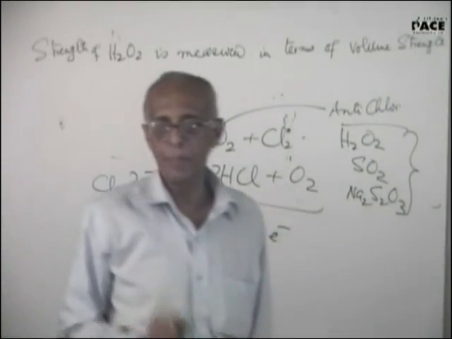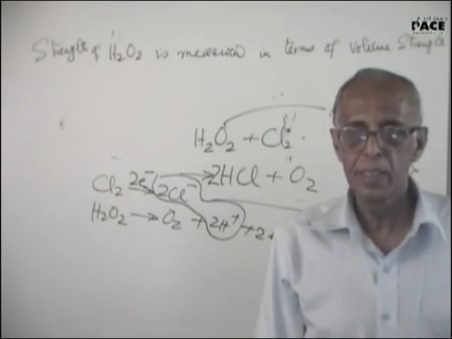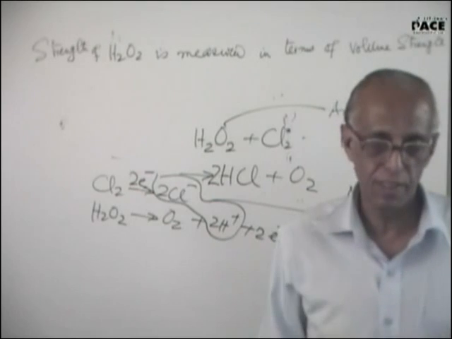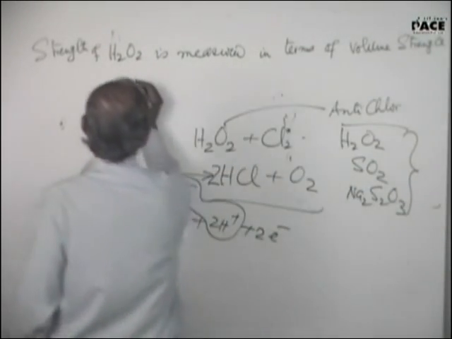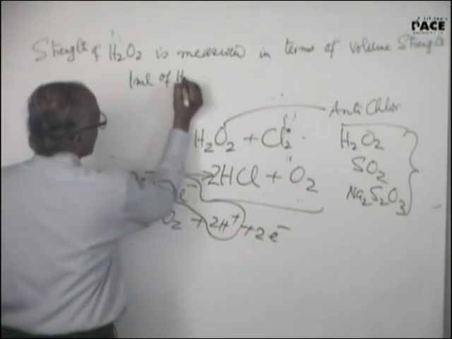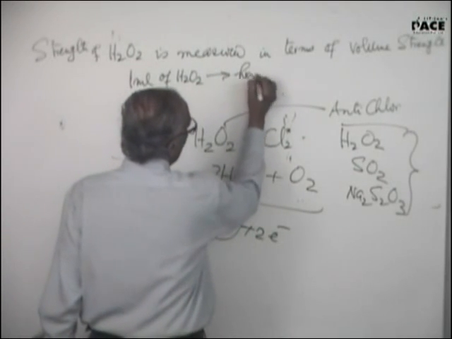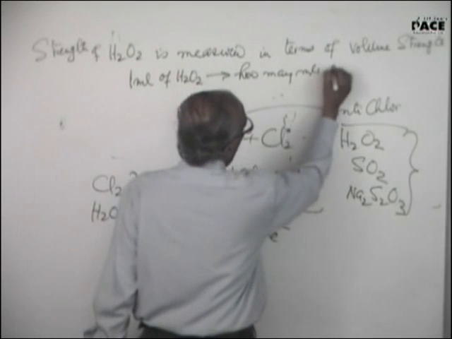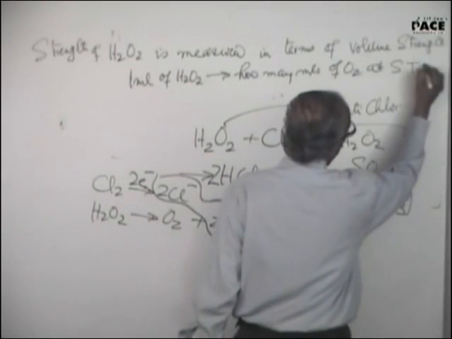What does volume strength mean? The quality of hydrogen peroxide is determined by its volume strength. It means how many ml of oxygen at STP 1 ml of hydrogen peroxide gives.